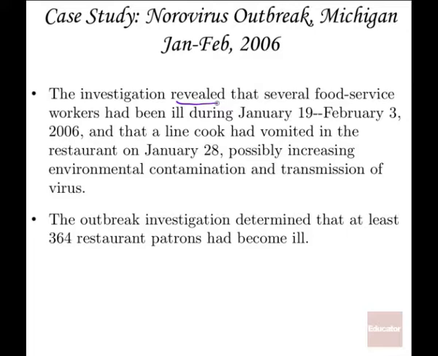And certainly that was a potential way that the environment became contaminated, and potentially the way that the virus was transmitted. So the outbreak investigation determined that 364 patrons had become ill from this particular event.